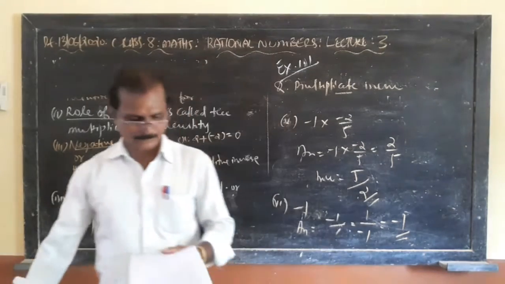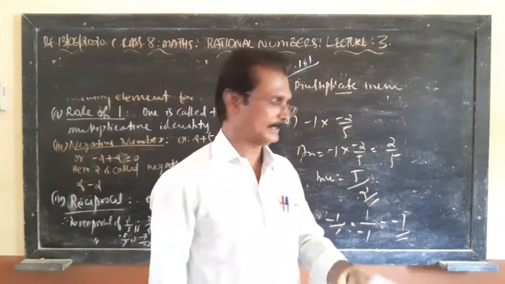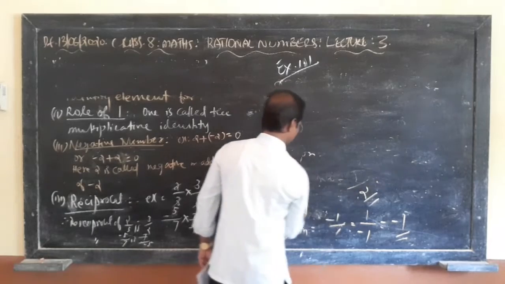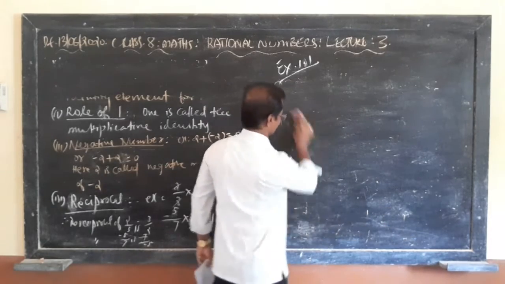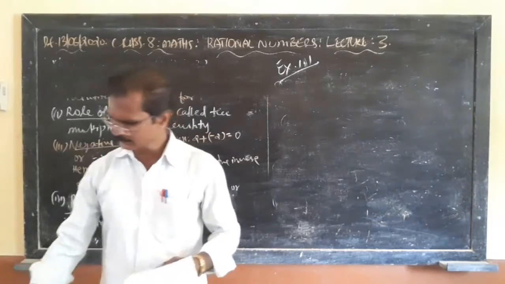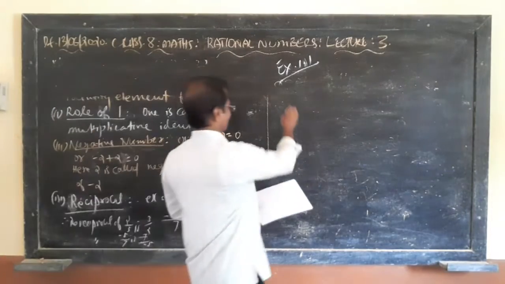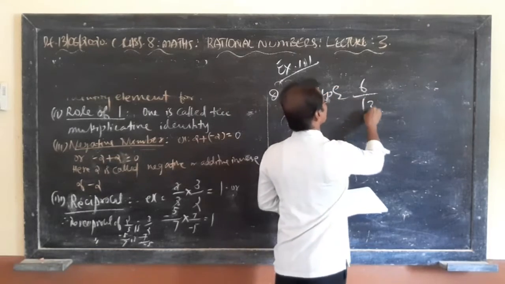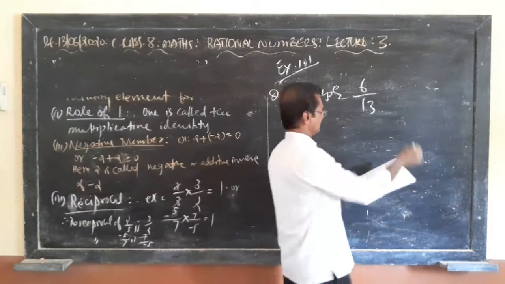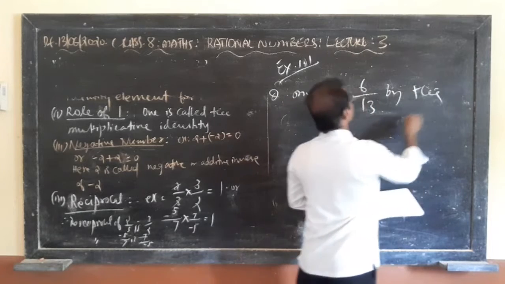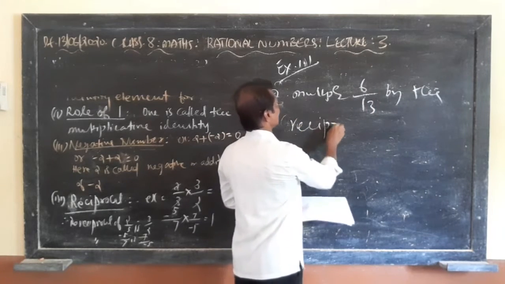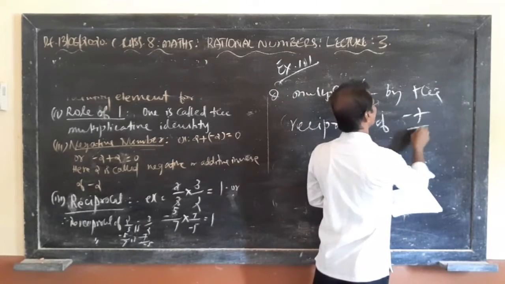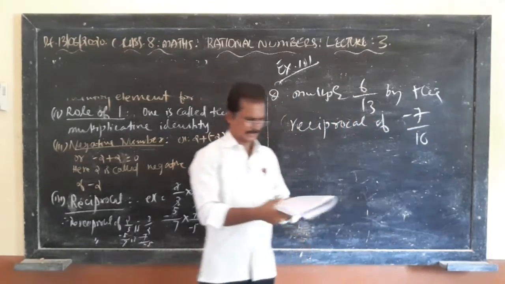Okay. Now we can take one more question, and you can finish with this question. Multiply 6 upon 13 by the reciprocal of minus 7 upon 16.